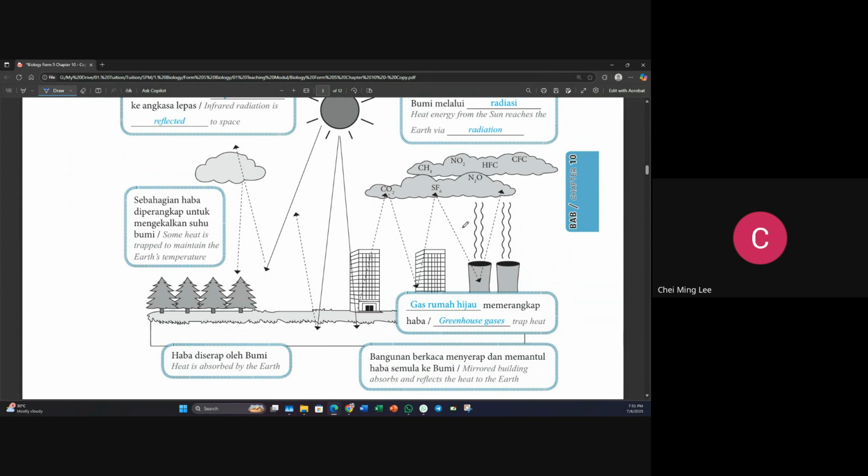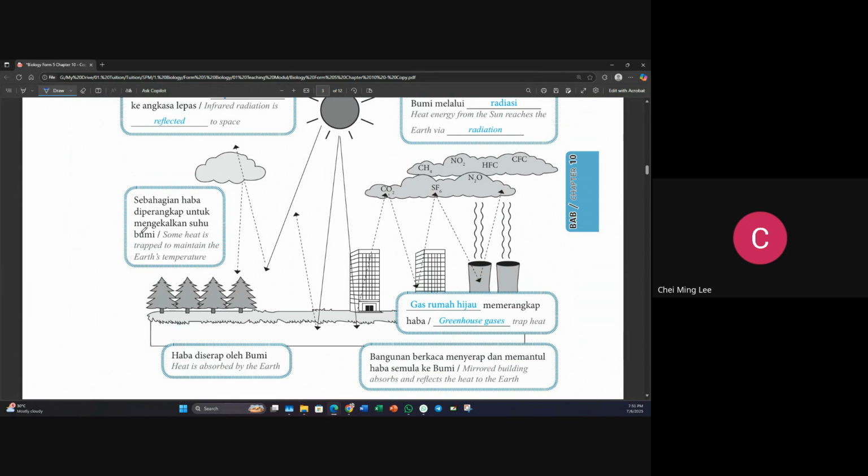At the same time, when it penetrates to the earth, the heat will be absorbed by the earth. And some of it will hit the buildings. So when the radiation from the sun hits the mirror buildings, they will absorb and reflect the heat to the earth. So now the earth absorbs more.